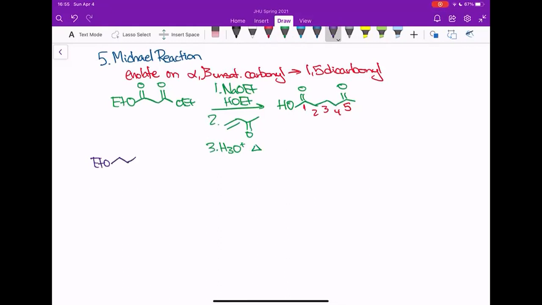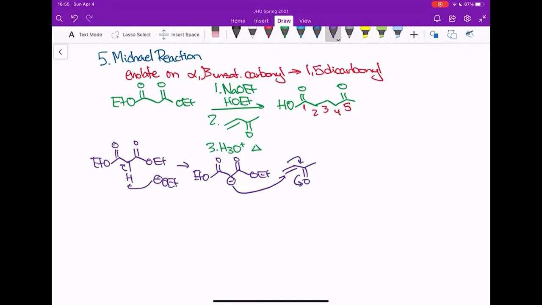So I'll walk you through the mechanism once more. Your base attacks at that acidic proton. From here, you'll go ahead and attack your alpha beta unsaturated carbonyl.